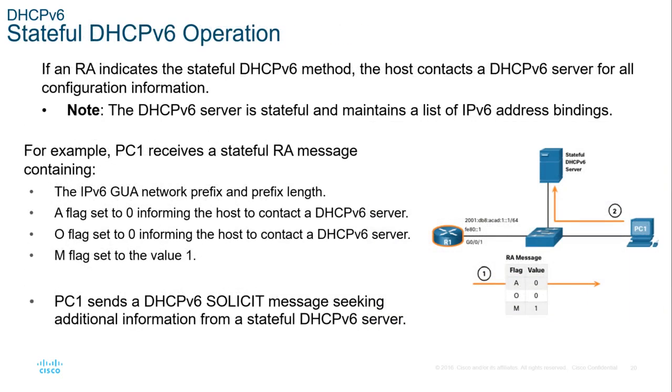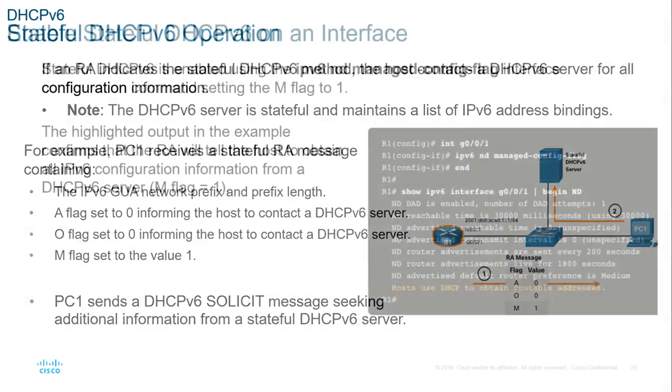Then for stateful, as you can see, the router can still advertise, but when it advertises, we expect the instructions on how the PC is supposed to assign the IPv6 address information on that very computer. Even when you look at the flags that are turned on, the autoconfiguration is off with a 0, the other configuration is 0, and the managed address configuration is turned on.